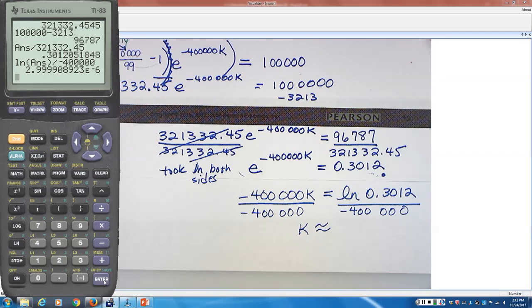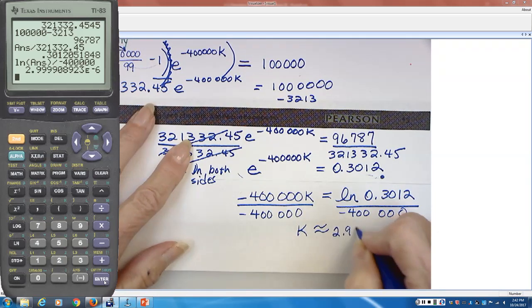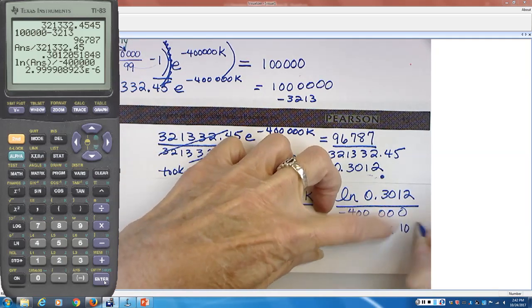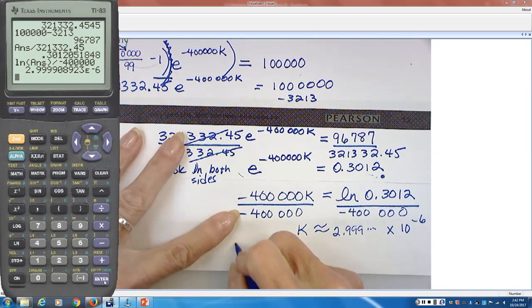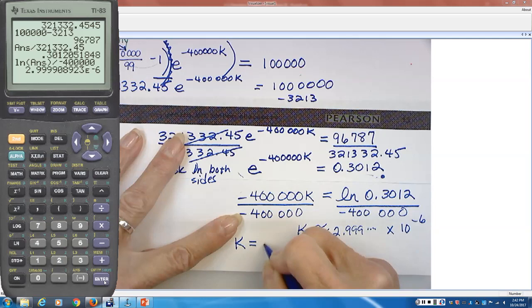So when I do that, I get the number 2.99999, and that e negative 6 means times 10 to the negative sixth power. So here's your actual value of k, or a really close approximation to the value of k.